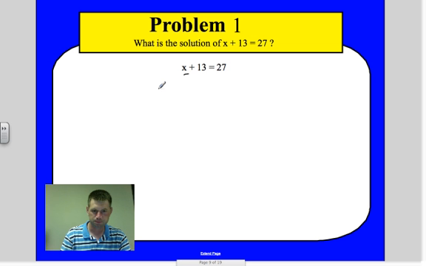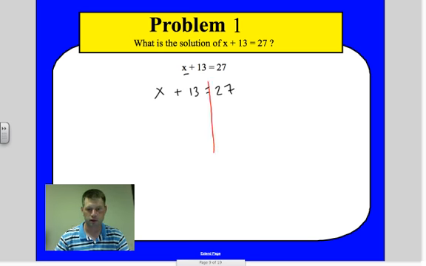So what we're going to say is x plus 13 is equal to 27. Now a lot of times what people do is draw a line right down the middle, and that's just where the equal sign is. That way when we go to do the next part, which is subtract 13 from both sides, we're talking about that line. It's always both sides of the equation, not both sides of this plus sign.